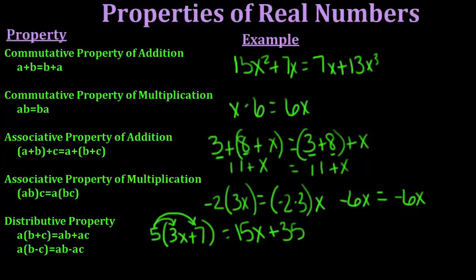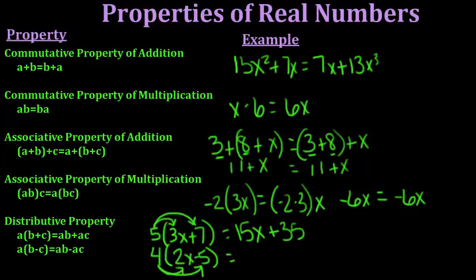Now, if we had A times B minus C in parentheses, let's use the example of 4 with 2x minus 5 in the parentheses. We'll want to distribute the 4. So 4 will be multiplied by 2x, and then 4 will be multiplied by negative 5.